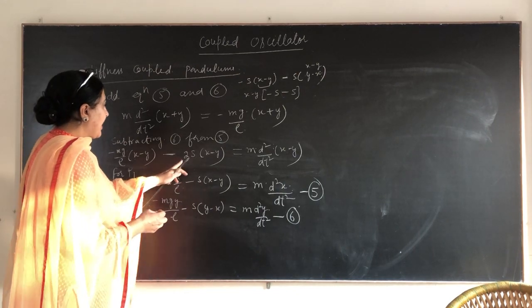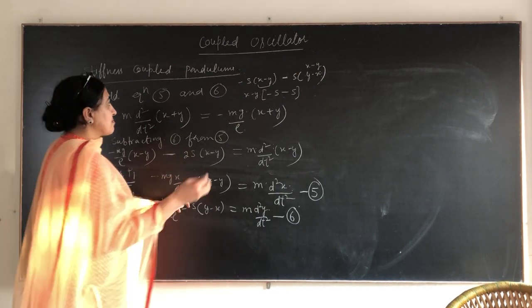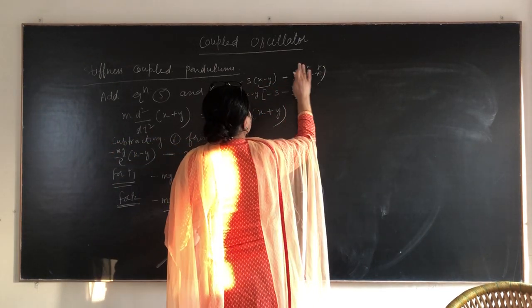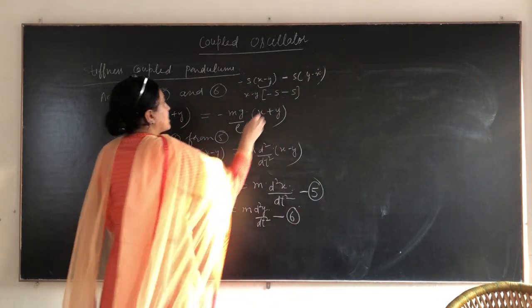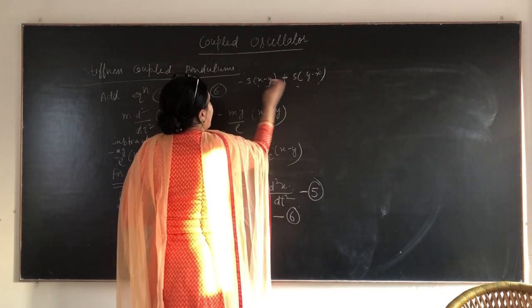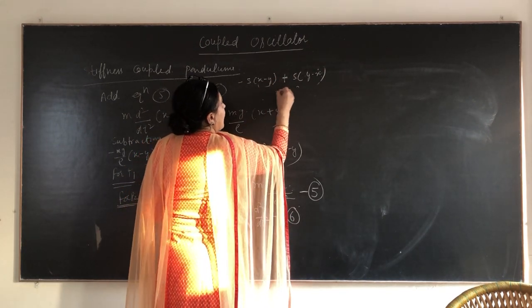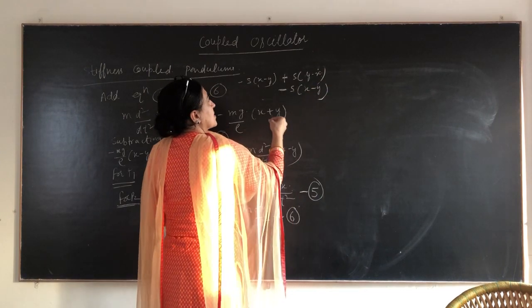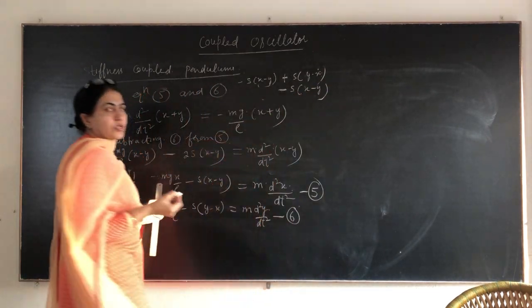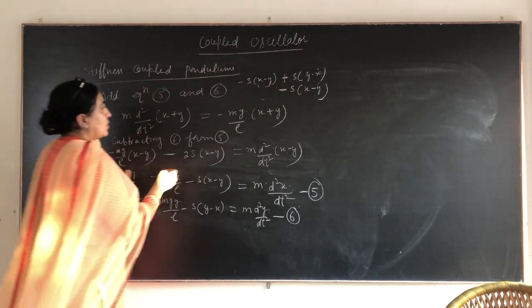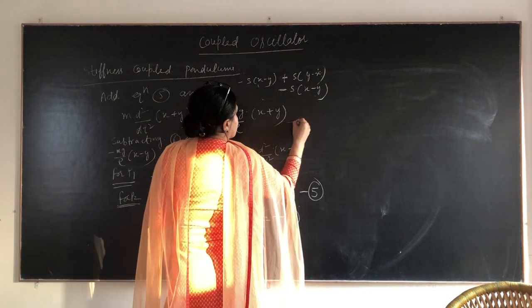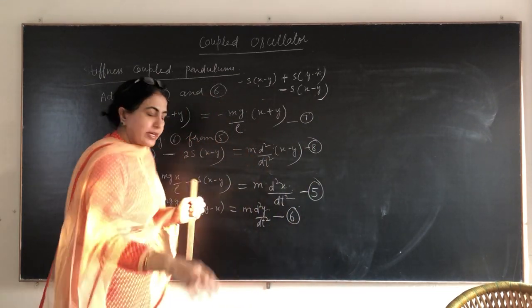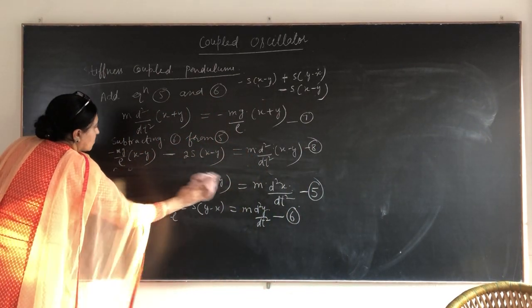Because I write here minus 2s by m, because minus s x minus y minus s y minus x, minus s, this will be plus, and when I take x minus y common, it will be x minus y. So minus 2s. Okay? So taking this equation as 7 and this as 8, this is our final set of equations.